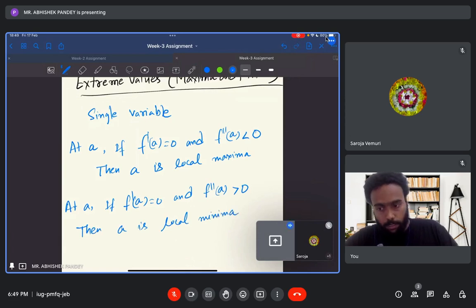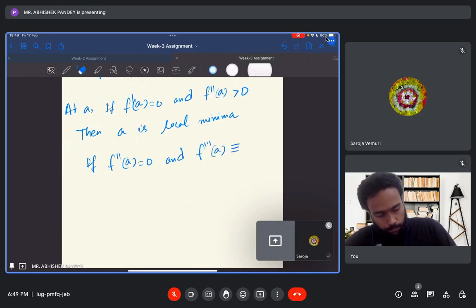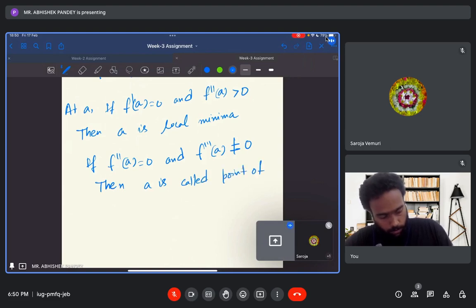And if f double dash is 0 and f triple dash at A is not equal to 0, then A is called a point of inflection.